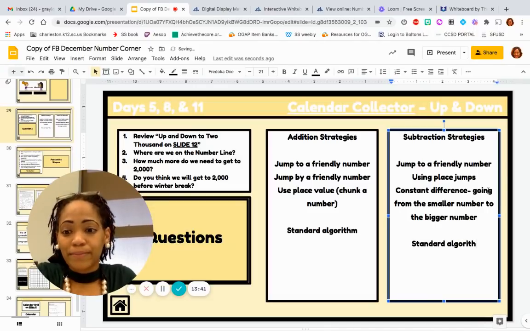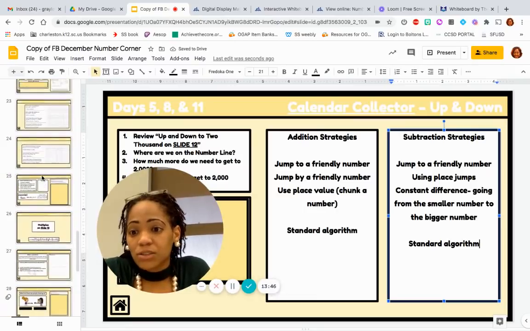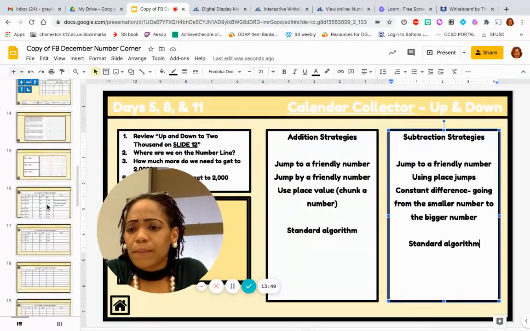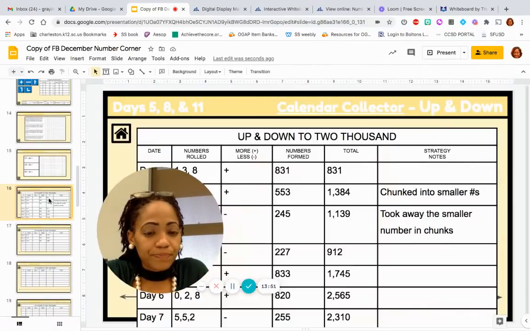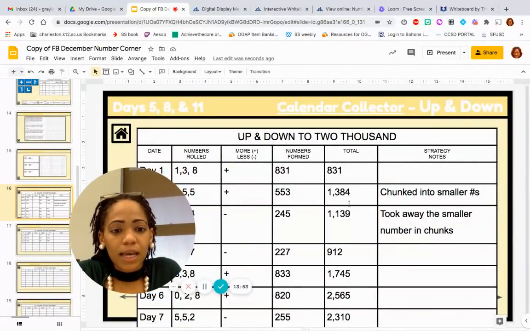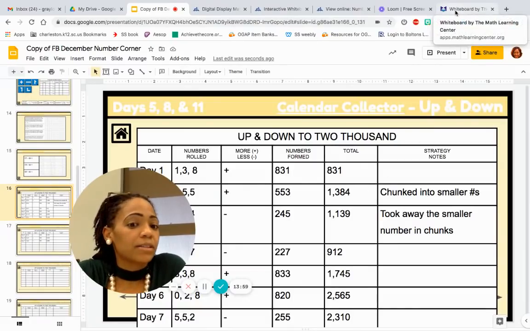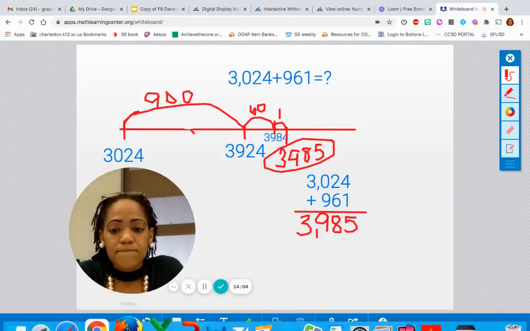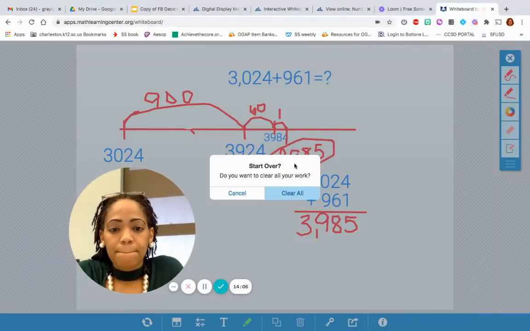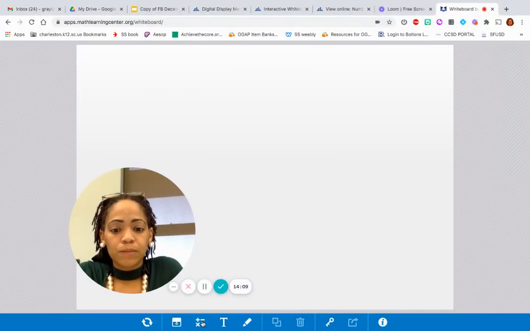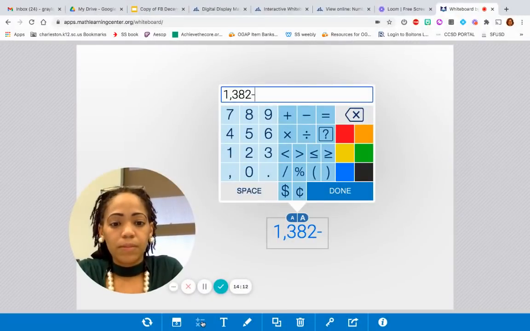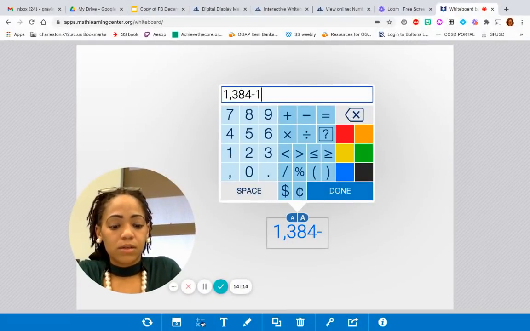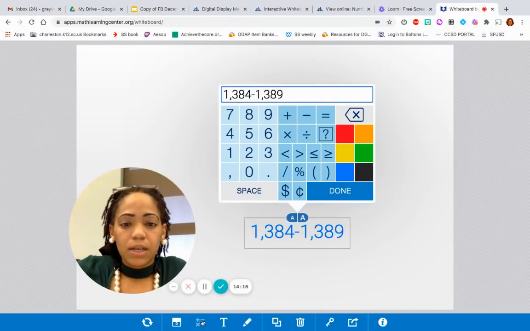So that's another option. Guess what else you could do? The standard algorithm. So we're gonna do subtraction using the standard algorithm with some of the numbers that we had from earlier. So let's take 1,384 minus 1,300.